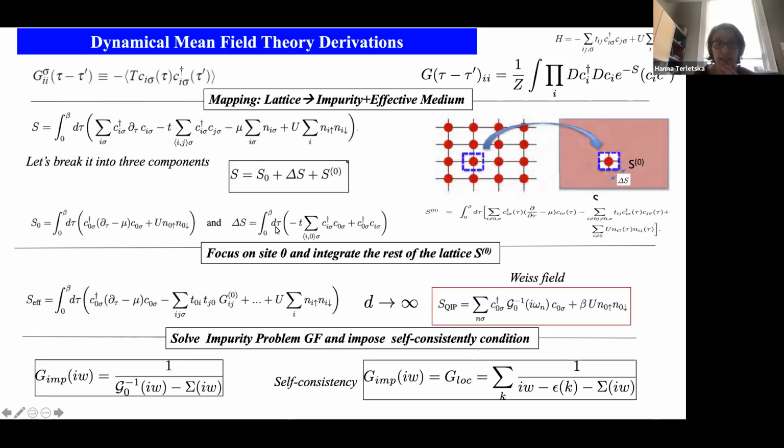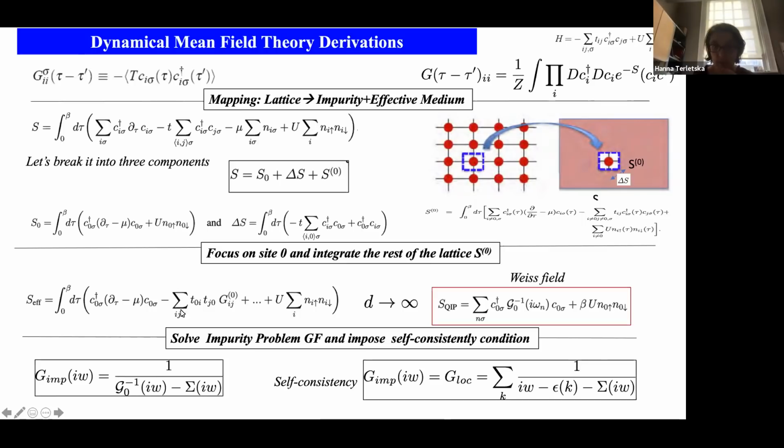Then one can formally integrate out the rest of the lattice. As a result of this formal integration, you will get the Green's function, G superscript 0.